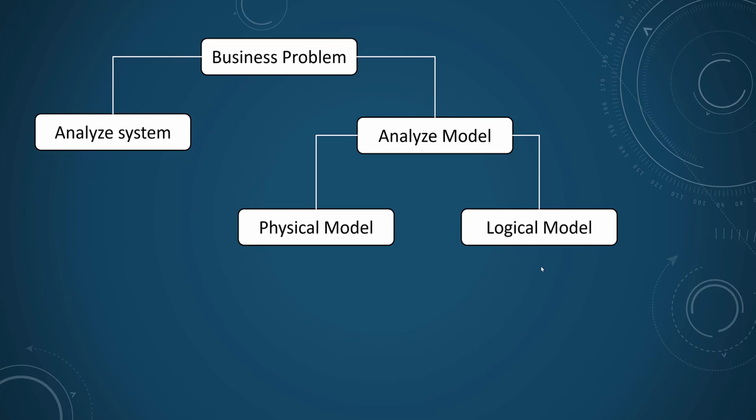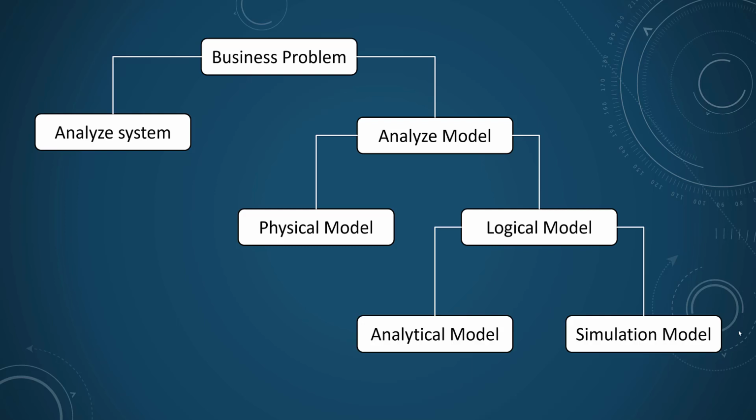So what is a logical model? It's a bunch of mathematical equations with which you try to represent the actual system, and you have two different possibilities again. You have an analytical model. Say, for example, you have a production system where you want to come up with a reorder point solution.